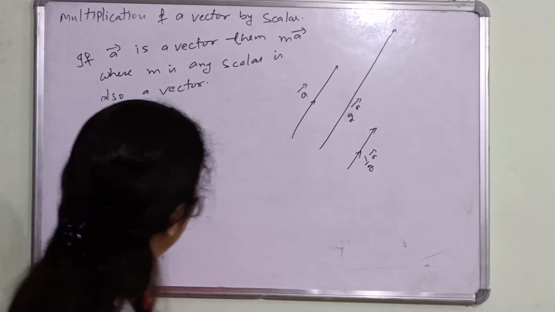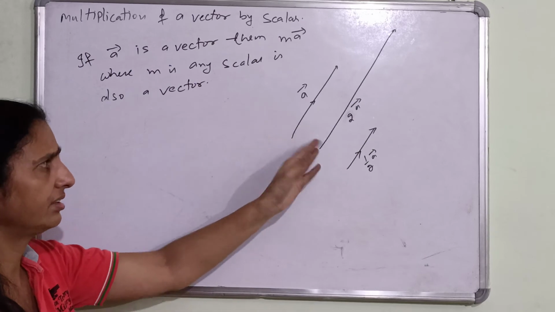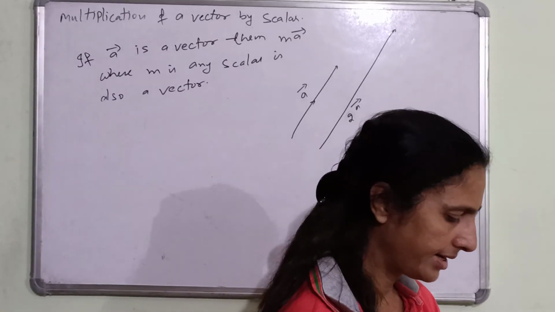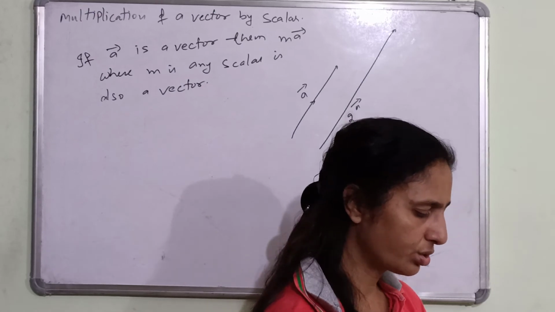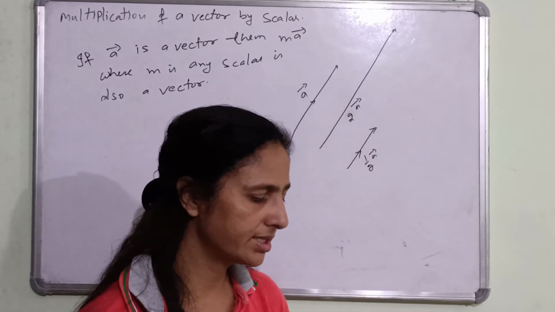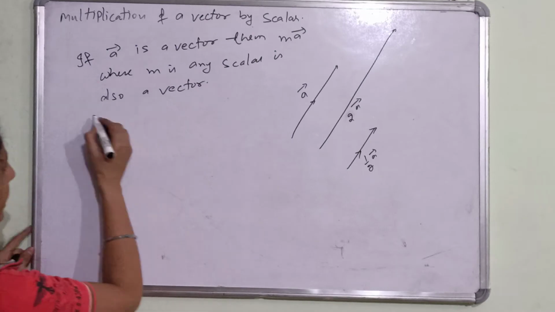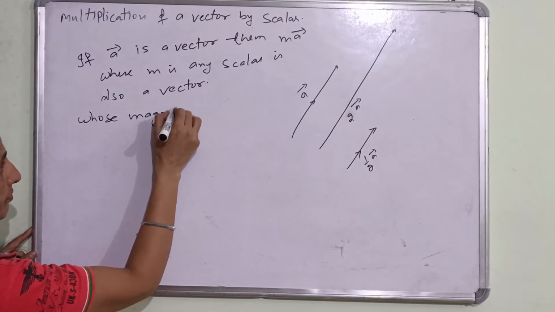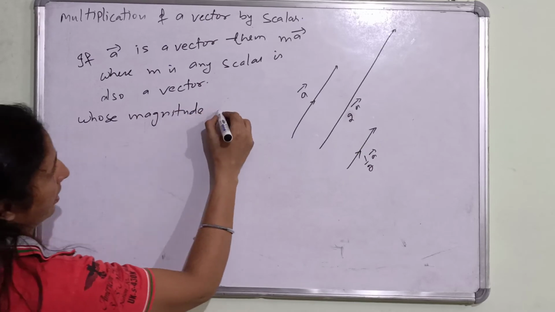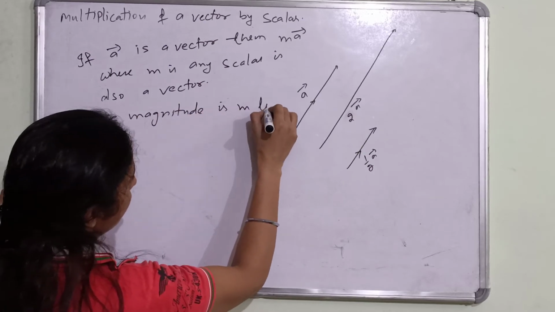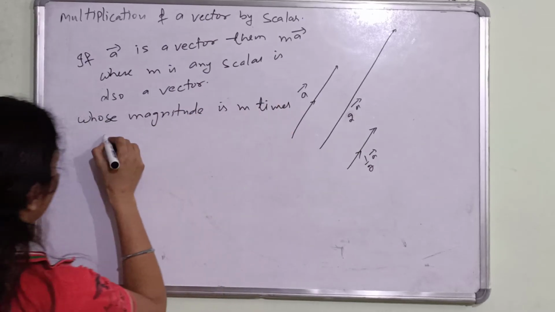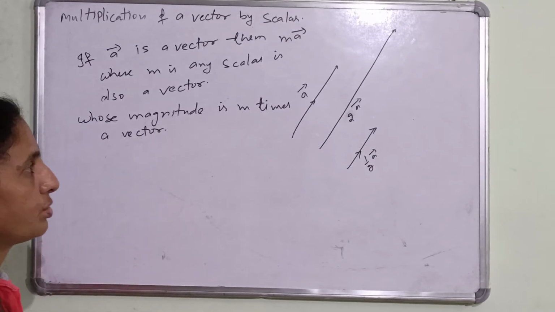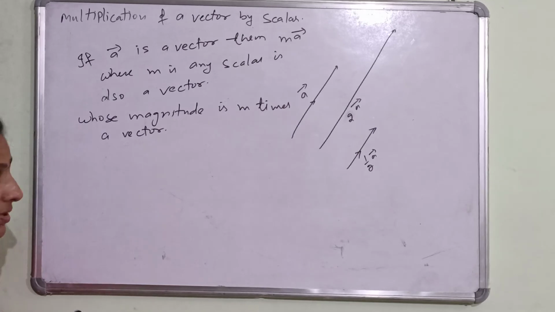Accordingly, these would always be parallel, or coincide. And MA is also a vector whose magnitude is m times the magnitude of A, meaning its magnitude would be equal to m times that of A.